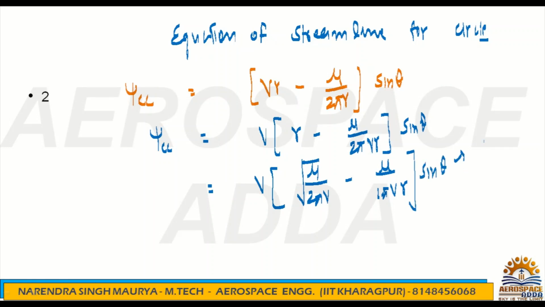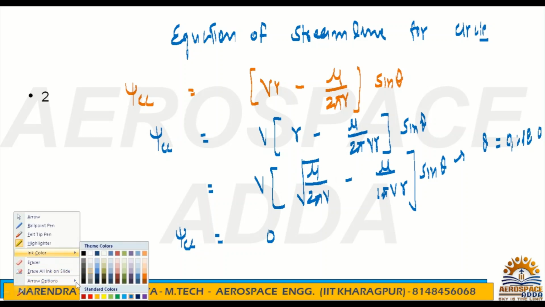What is theta at the circle? Theta is 0 or 180. So in both cases, sine 0 or sine 180, this value will be 0.